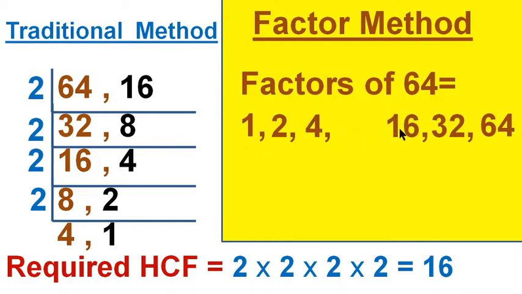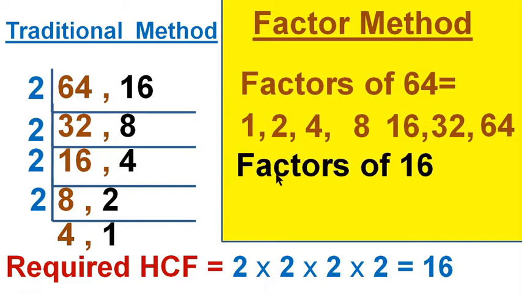And here 4 and 16. That means 16 fours are 64, and here 8 eights are 64. So the factors of 64 we have got are 1, 2, 4, 8, 16, 32 and 64. All these are factors of 64.